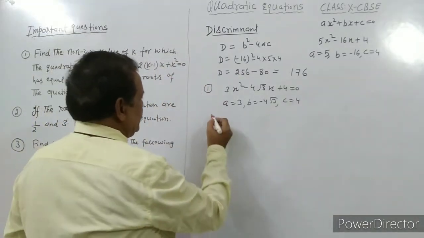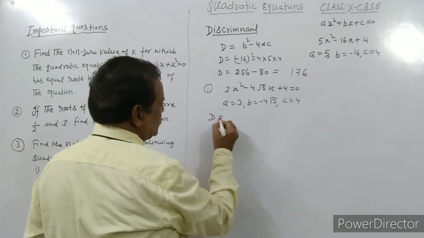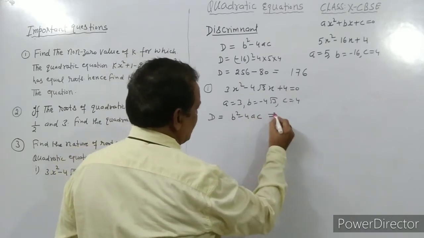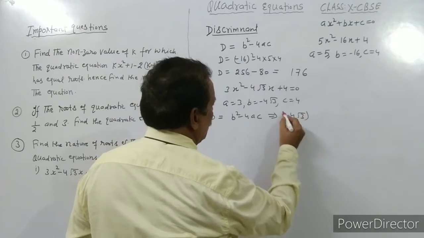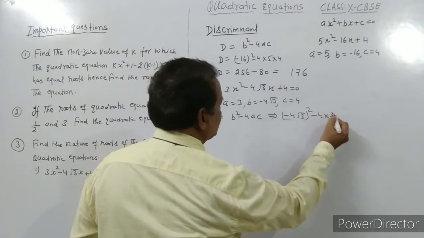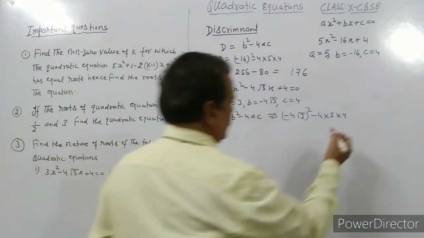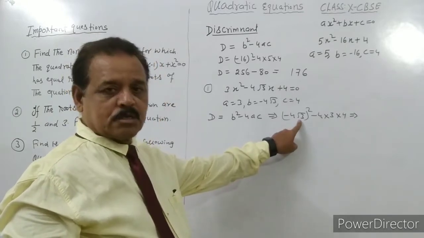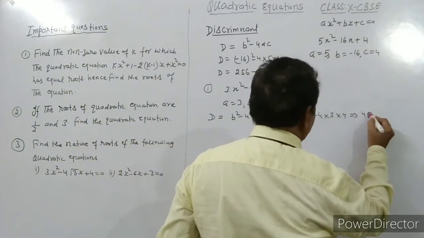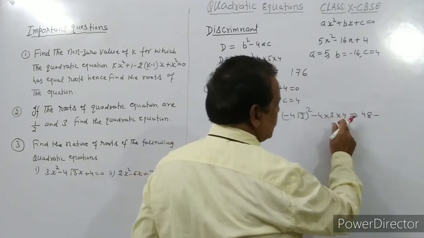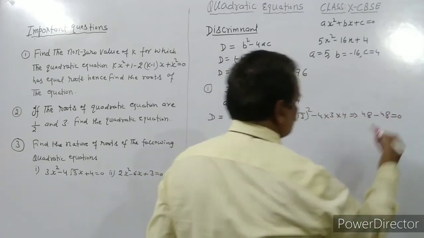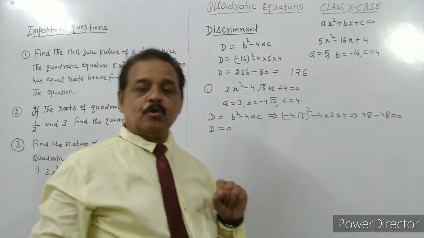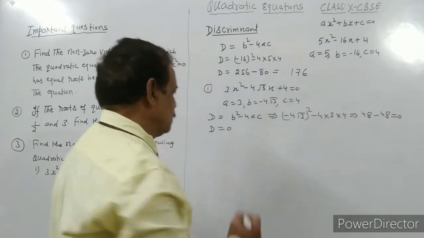So find the discriminant to calculate the nature of the roots. D is equal to b square minus 4ac, which is minus 4 root 3 whole square minus 4 into 3 into 4. 4 square is 16 and root 3 square is 3, 16 times 3 is 48, minus 4 times 3 times 4 is 48, so this is equal to 0. So we got D is equal to 0.